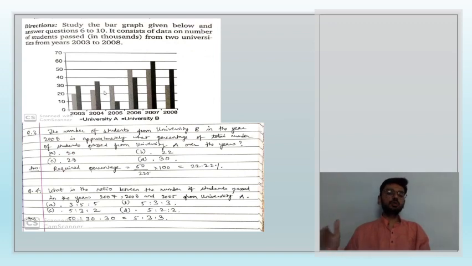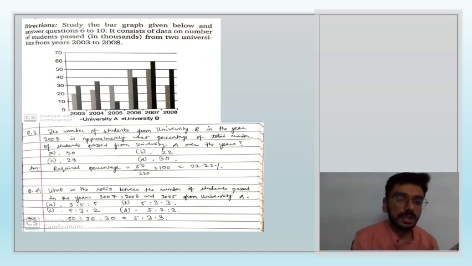So 50:30:30 comes out to be 5:3:3. That means the number of students passed in 2008 and 2005 are equal, 3:3, that is 1:1. The ratio between all three is 5:3:3.